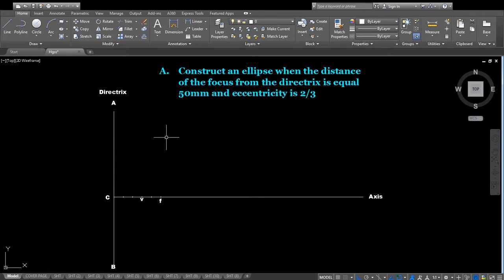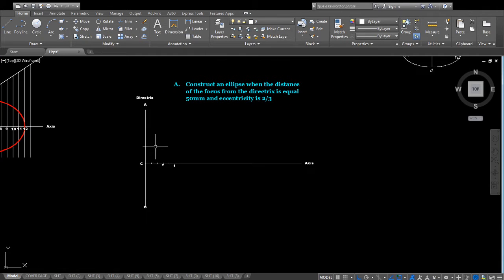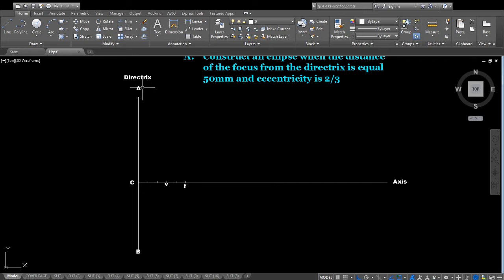So what will now happen is for us to draw this vertical line as the directrix, and then a horizontal line that will be the axis. It is on this axis that we will be having our major axis as well.